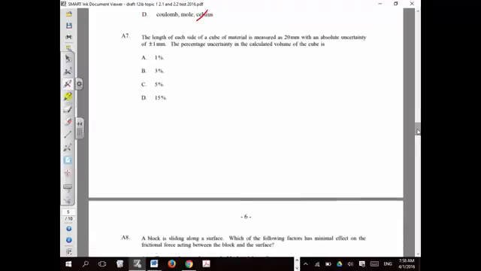A7, the length of each side of a cube of a material is measured to be 20 millimeters with absolute uncertainty of plus or minus 1. The percentage uncertainty in the calculated volume of the cube is... So the percentage uncertainty in length is 1 over 20 or 5%, right?